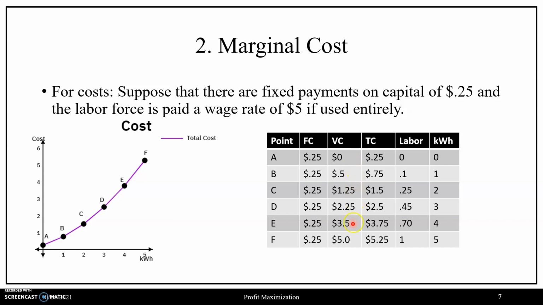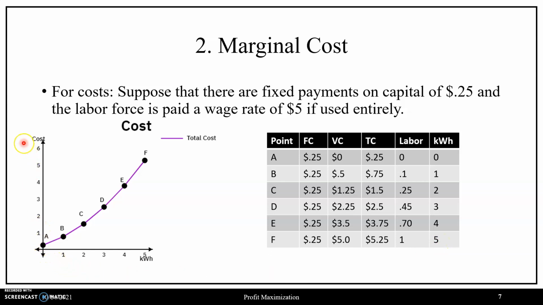It ranges from $0 to $5 depending on the percentage of labor used, corresponding to a different amount of output being produced. Total cost is going to be the sum of our fixed and variable costs, which is a minimum of 25 cents when zero output is being produced, given our fixed cost, and is going to increase all the way up to $5.25 when 100% of our labor force is being used to produce 5 kilowatt hours of electricity.